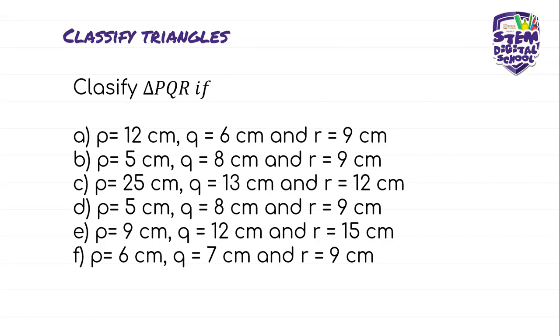So on my left hand side I have 81, and on my right hand side I have 49 plus 36, which gives me 85. So in this case, it is an acute angled scalene triangle, sir. Exactly. So 81 is less than 85, which means that our triangle will be the acute angled scalene triangle.